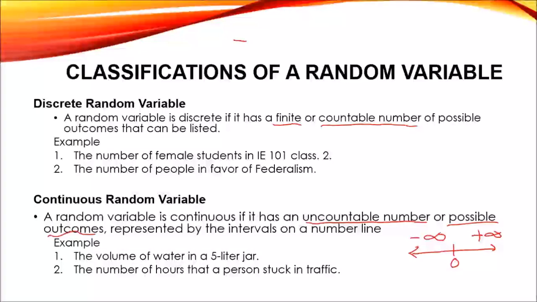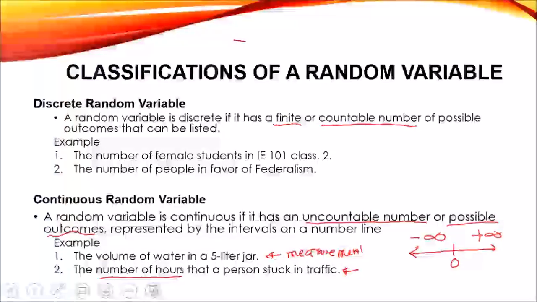Like for example, number 1, the volume of water in a 5-liter jar. So this is continuous since it is in the form of measurement. Okay, number 2, the number of hours that a person is stuck in traffic. So it's also continuous. It involves time here, not the number of hours. So therefore, this is a continuous random variable.